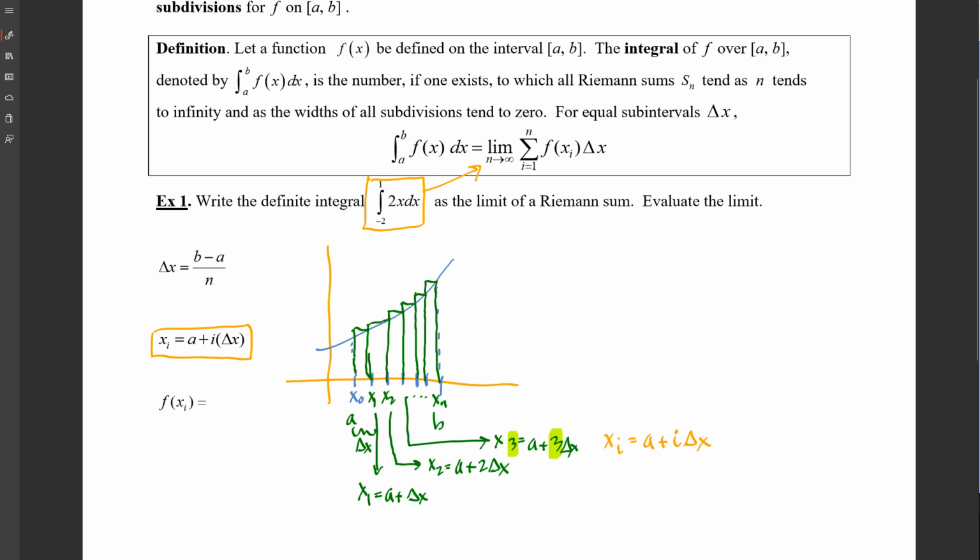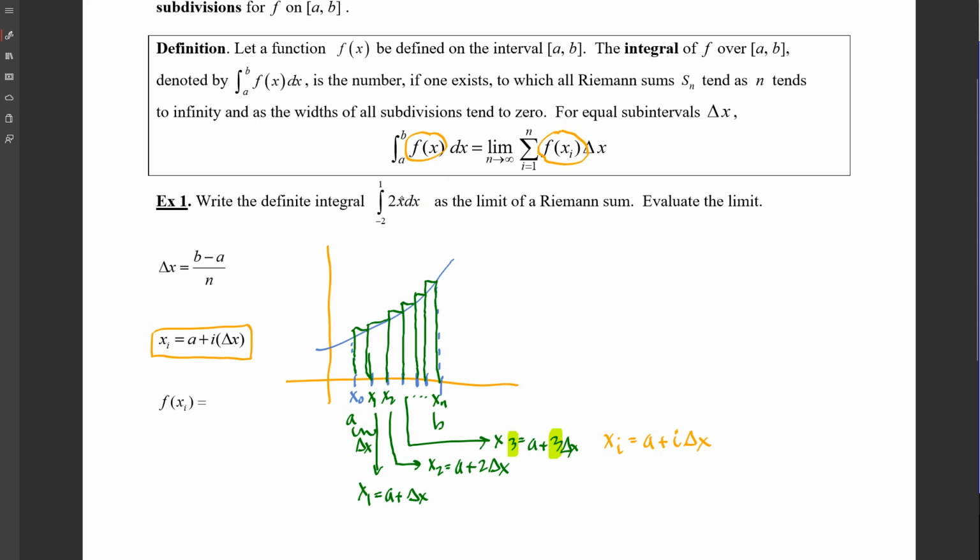And then what is f of xi? Well, f of xi is taking this function you have here. So let's say f of xi is right here. It's taking the function that you have here, and everywhere there's an x, you're going to put in xi. We need to be able to interpret this.